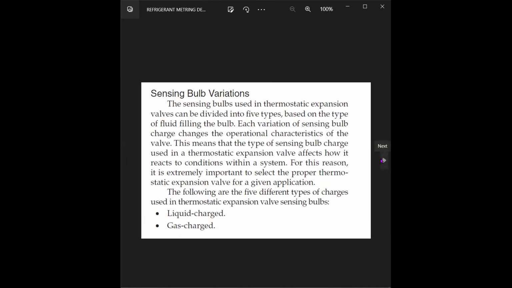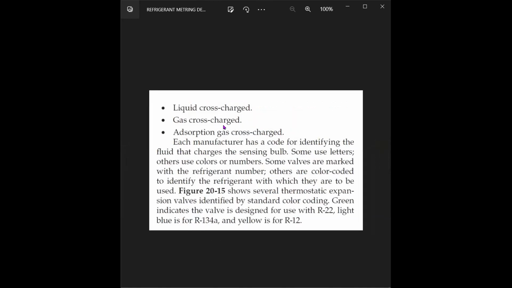Similarly, when you have gas charge and liquid charge, you can also have gas cross charge and gas absorption. Gas cross charge means again the refrigerant in the system is less, but now a totally different refrigerant from the system refrigerant. That is the idea of the gas cross charge, and it is again such that once the desired temperature is reached, all the refrigerant in the bulb is vaporized.